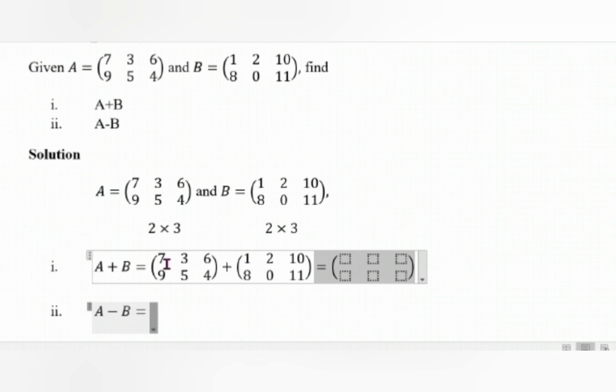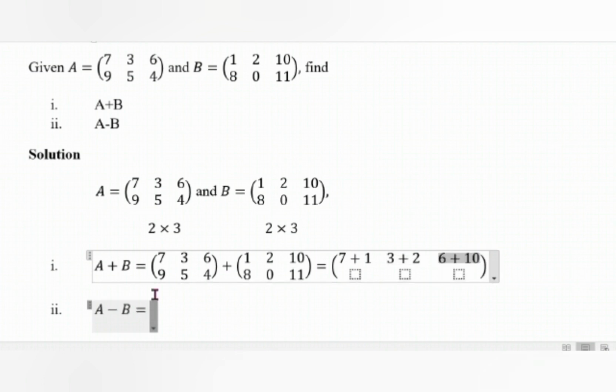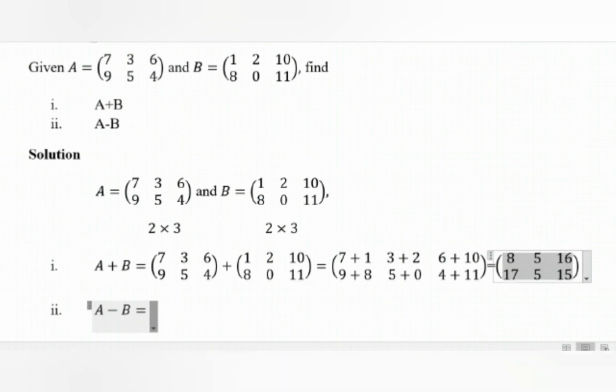In this case, we shall take 7 plus 1, then 3 plus 2, then 6 plus 10. Down here, we shall take 9 plus 8, then 5 plus 0, and then 4 plus 11. When you do that, you now simplify that. It will give you this as the answer.